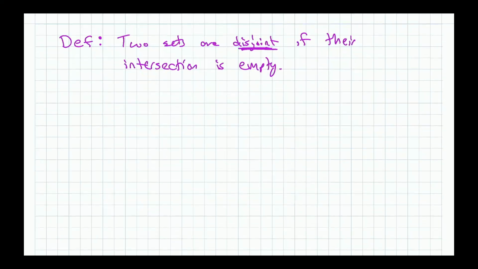In symbols, A intersect B is the empty set if and only if A and B are disjoint. That's the definition of disjoint.